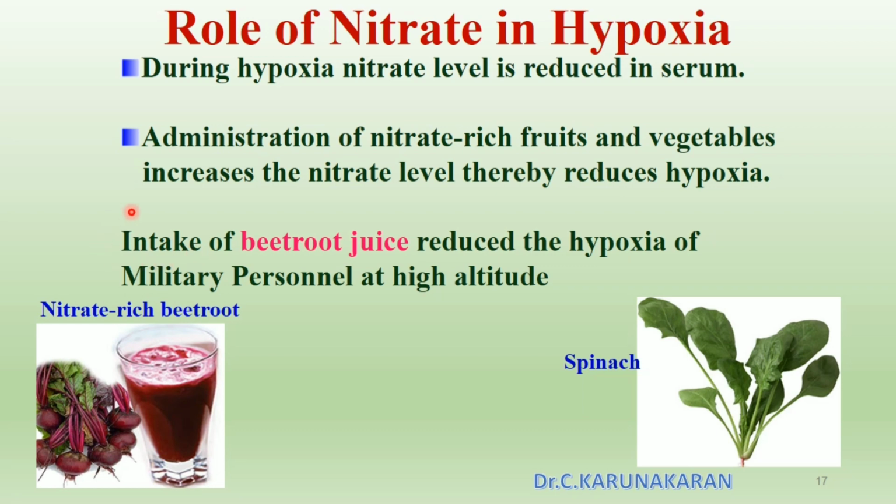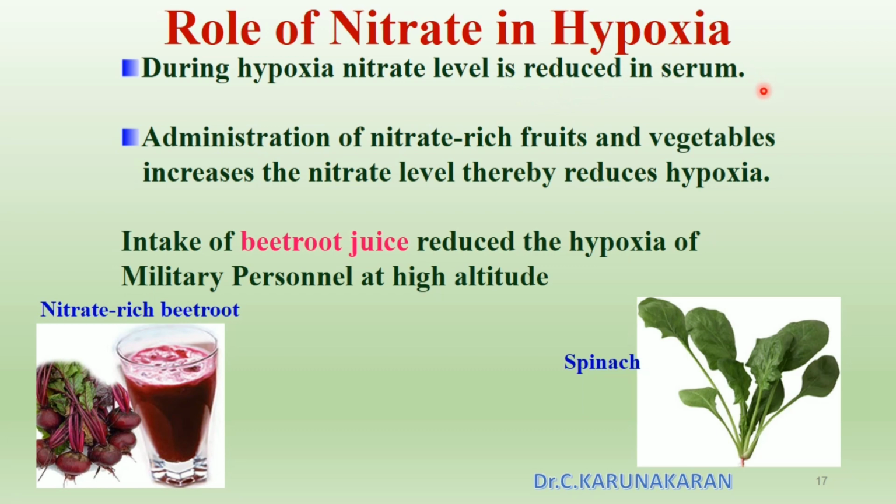DRDO scientists have investigated that intake of beetroot juice reduced the hypoxia disorder of military personnel at high altitude, because beetroot is rich in nitrate. They contain 100 micromolar of nitrate. Therefore, during hypoxia, nitrate level is reduced in serum.